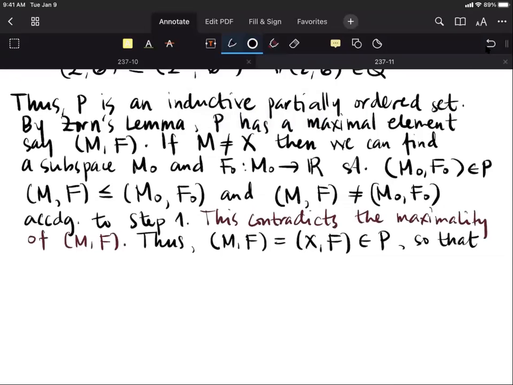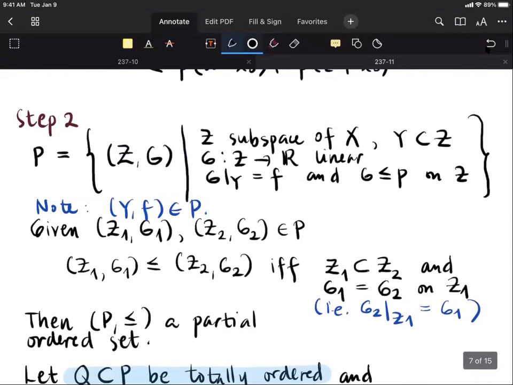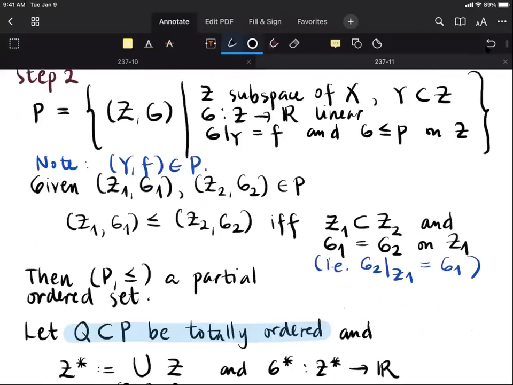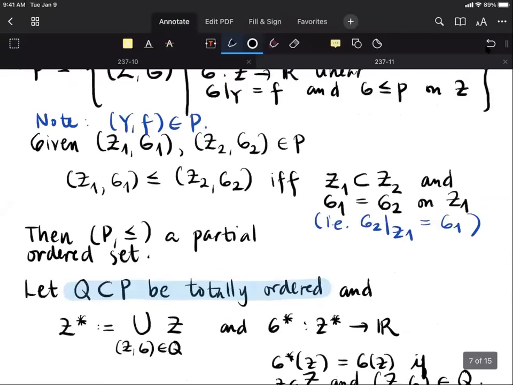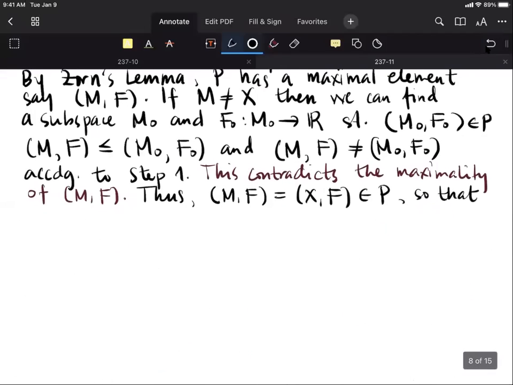And consequently, if we get all these properties, replacing Z by M or replacing Z by X, we have the following. F is a mapping from M, or in other words, X to R. This is linear.